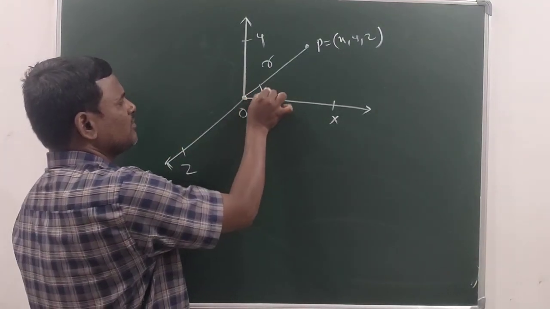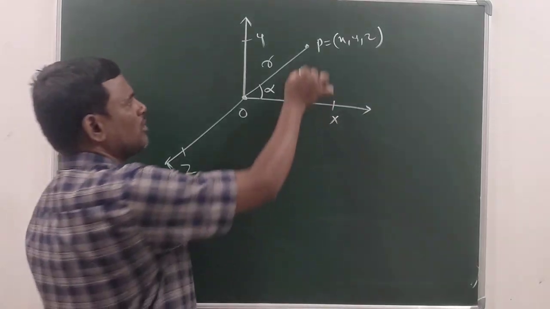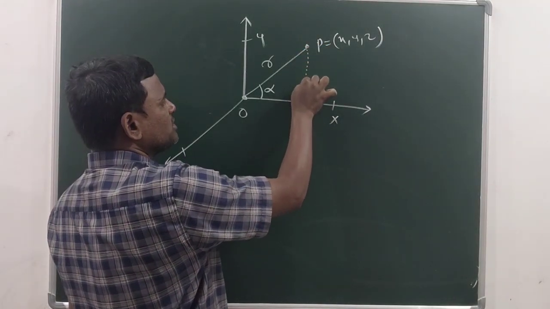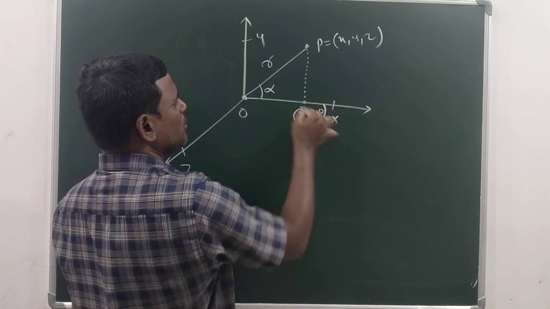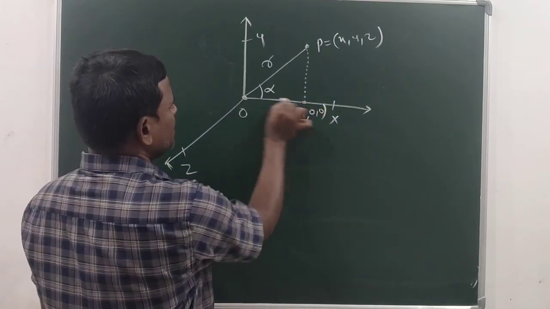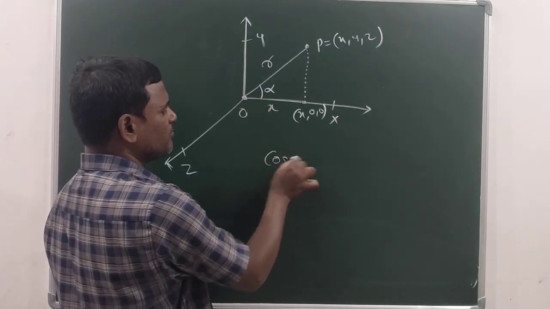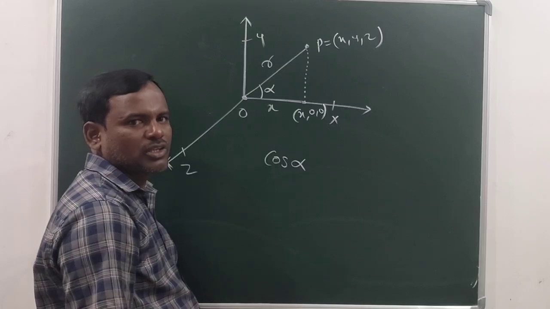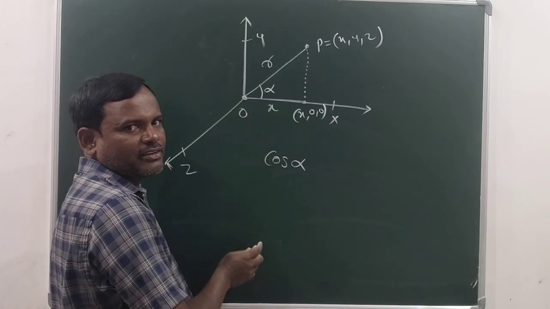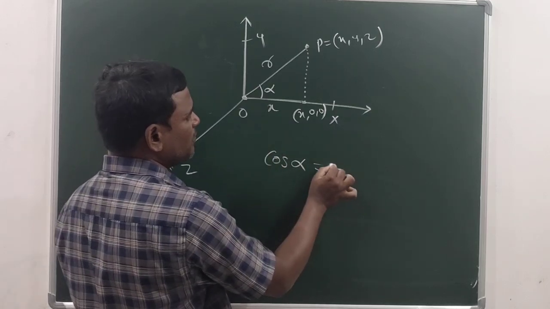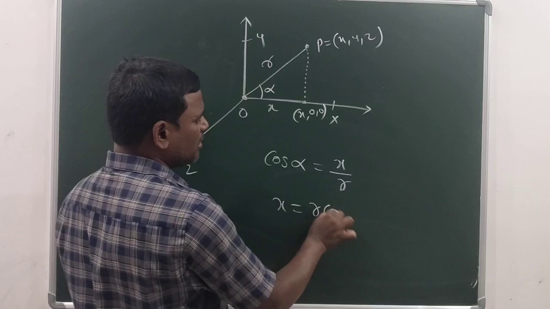Now alpha is the angle made by OP with the x-axis. Now drop a projection on the x-axis, whose coordinates are (x, 0, 0). So this length is how much? x. Now define cos alpha. What is cos alpha? In the direction cosines, the x coordinate: cos alpha is x by r. Now x equals r cos alpha.